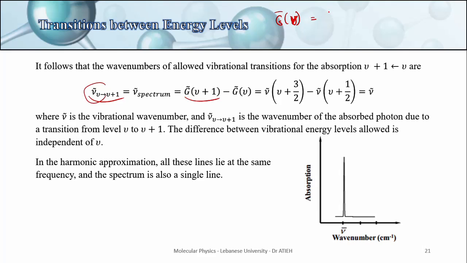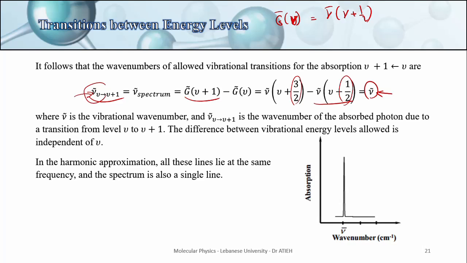Remember that G bar of nu is equal to nu bar times nu plus half. So for nu plus 1 it will be 3 over 2, and here it's G bar nu. Subtract, and you will get nu bar. So this nu bar is the vibrational wave number of the bond.